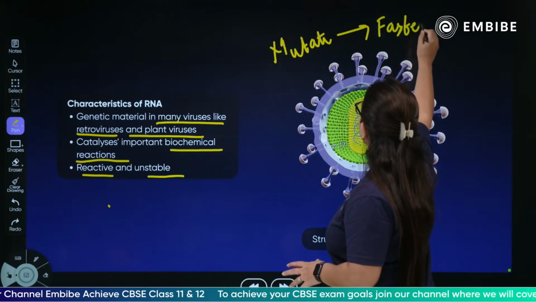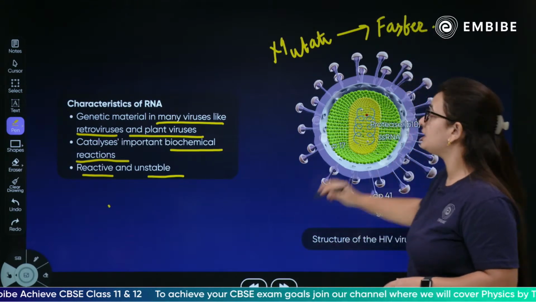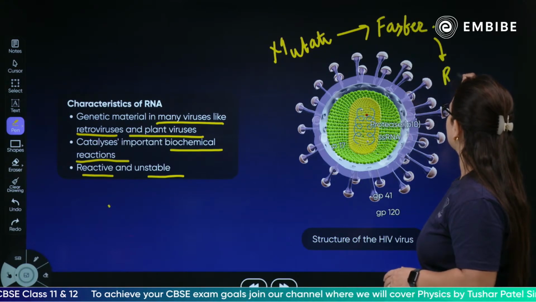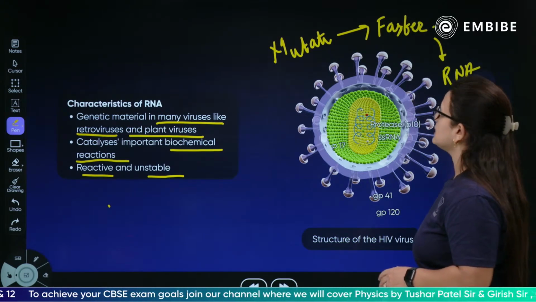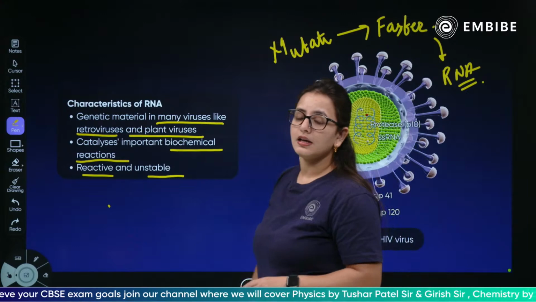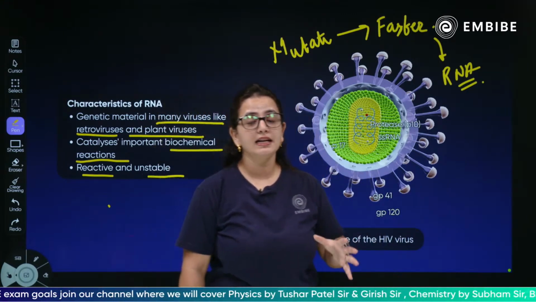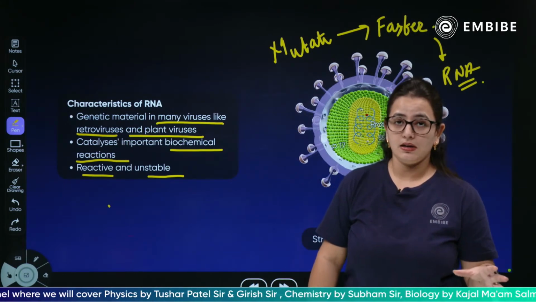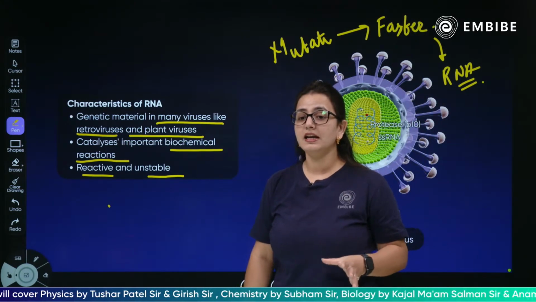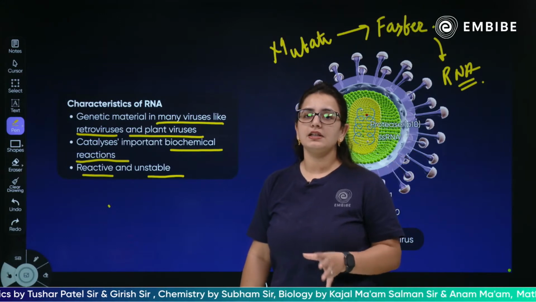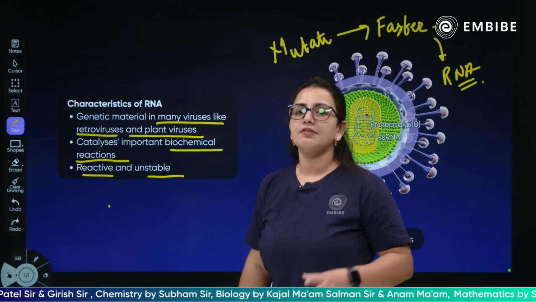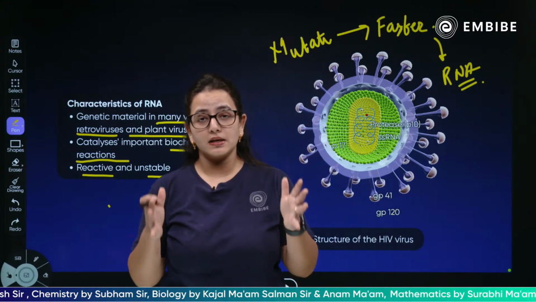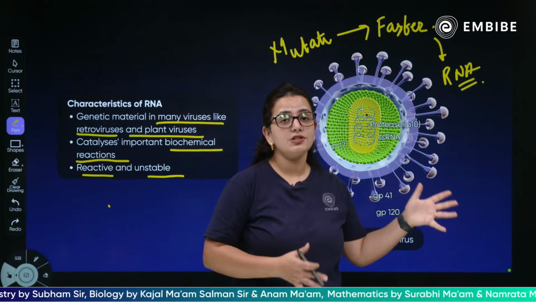And the reason it was able to mutate faster is that its genetic material is RNA, and RNA is very unstable. They evolve at a very fast rate, and when they evolve faster, they survive under any conditions. They might not be controlled by several medications also.